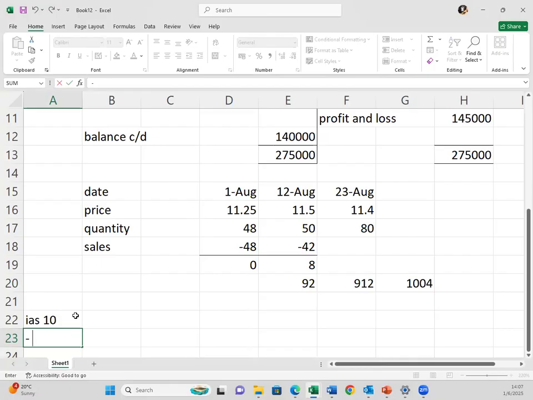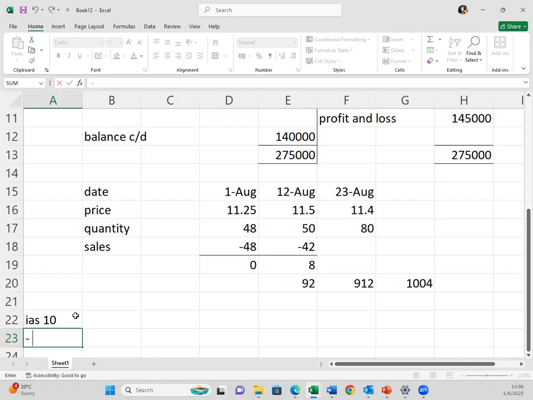So the year-end balance was including amounts which were stolen already, which were not existing in the company. So IAS 10 then says, we have recognized this event after the year end, but it's showing that it was actually existing when the year ended. So the balance you had reported for the year end is a wrong balance. You need to adjust that balance.